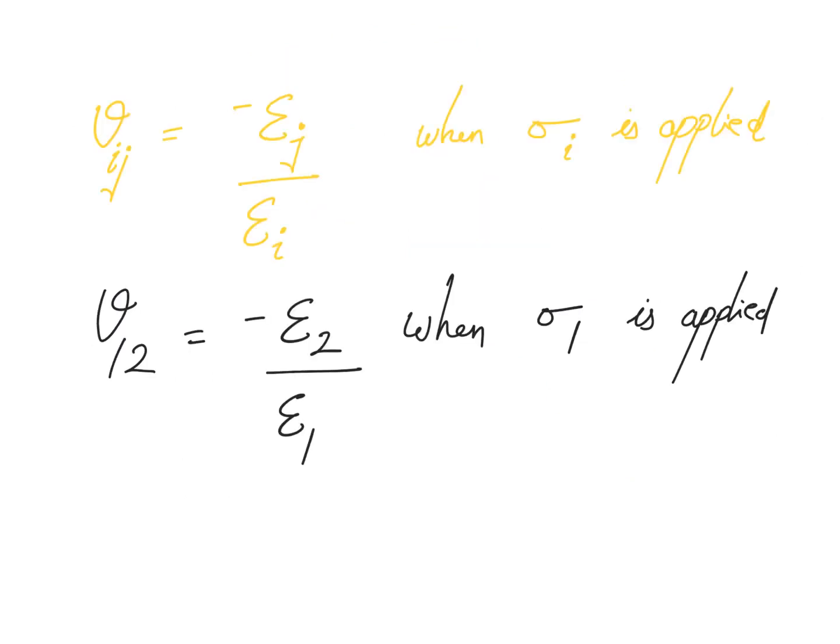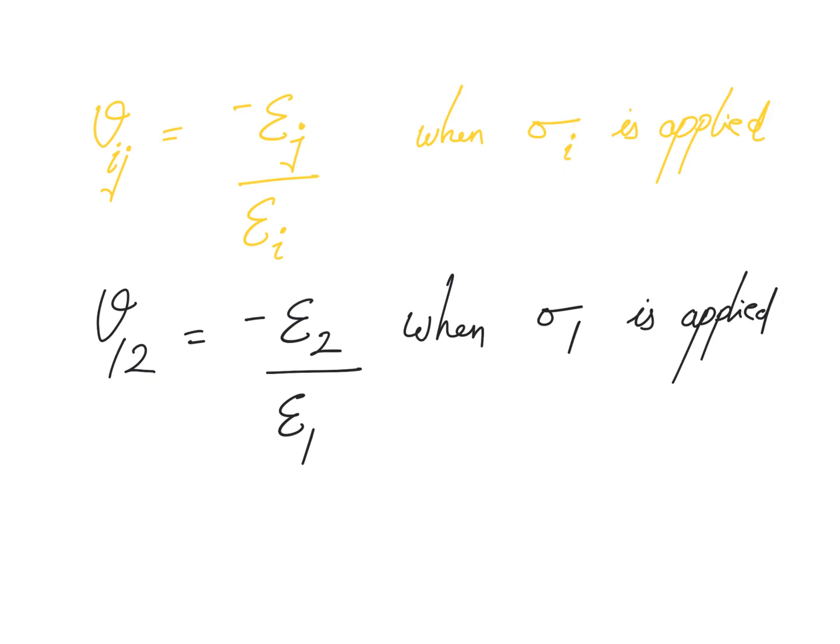For explaining that, let's define a new set of Poisson's ratios, generally defined as mu ij, where mu ij is minus epsilon j divided by epsilon i when you have stress only in the i direction.